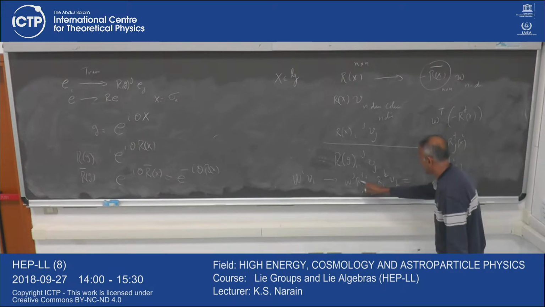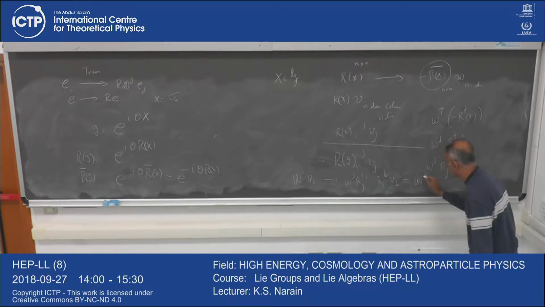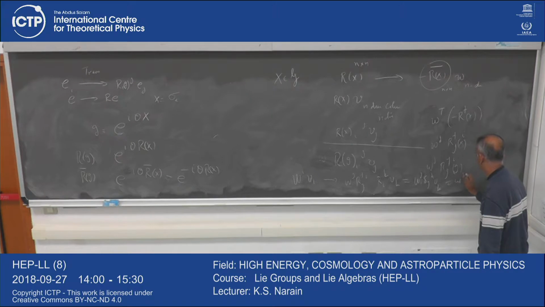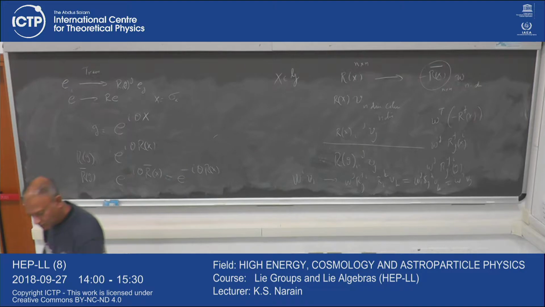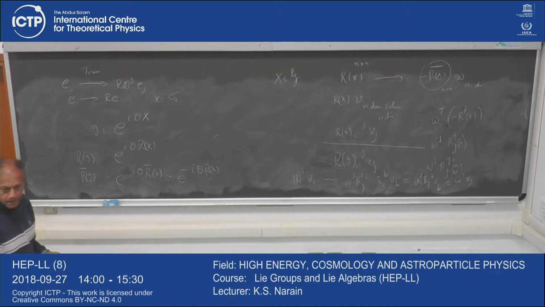And that is invariant. For example, for SU(2), R dagger is the inverse, so this becomes delta jk, Vk, which is the same as Wj. So by taking a combination of the complex conjugate and the original representation, you can construct an invariant. That is what I'm saying.